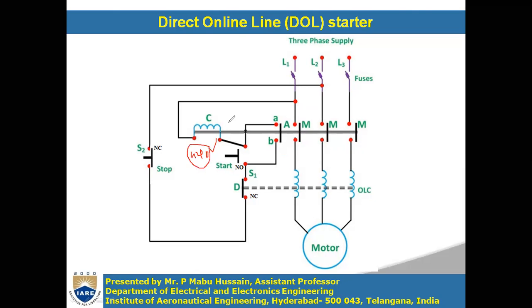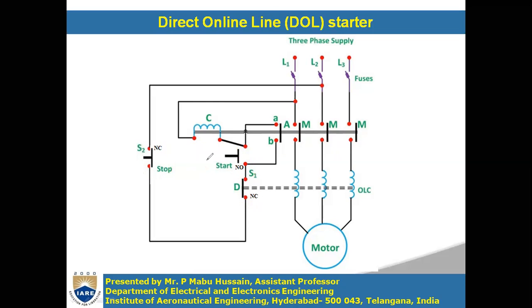This coil is connected between two line terminals here and here, through one stop push button, one contact for the overload release, and one start button. The start button is NO, and this overload release switch is NC, and the stop switch is also NC, normally closed.